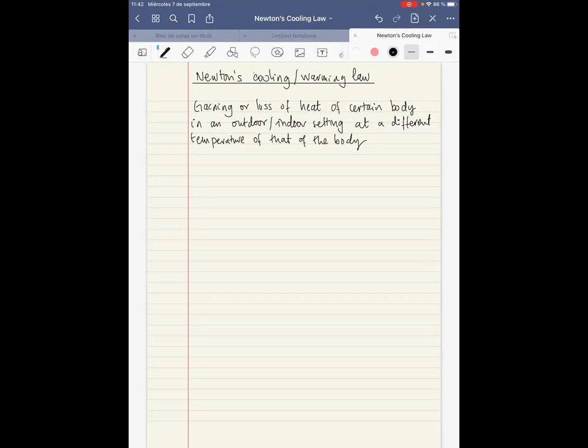So the gain or loss of heat of a certain body in an indoor setting at a different temperature from that of the body is proportional to the difference in temperature between the body and the ambient temperature. So this was Newton's claim.